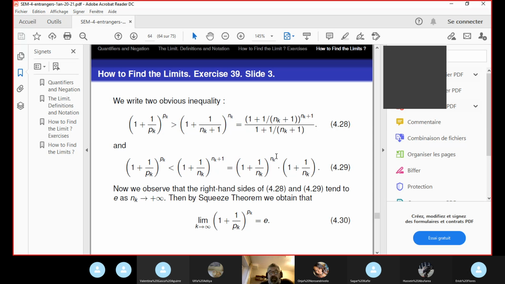And if I divide this by 1 plus 1 over n sub k plus 1, the limit of the denominator will be 1. So nothing changes in the limit. Understand?